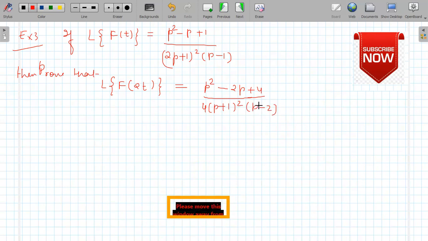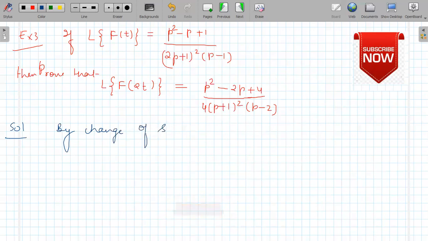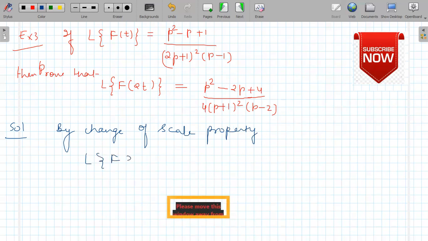This we have to prove. So you can use the change of scale property here. It is a very simple question. By the change of scale property, Laplace of f of 2t will be 1/2 Laplace of f of t, where p is replaced by p upon 2.